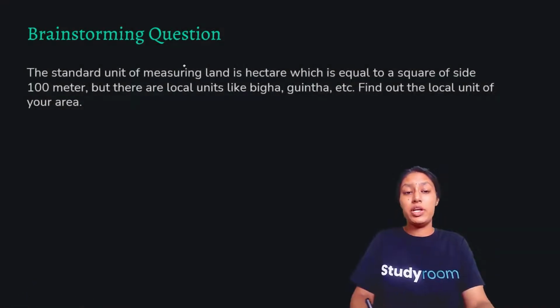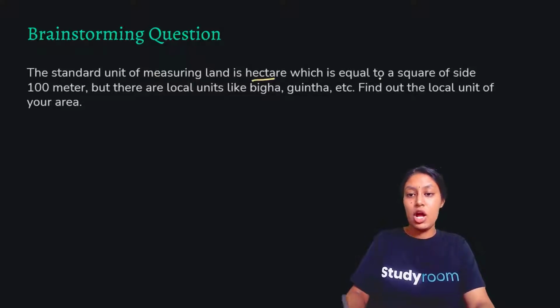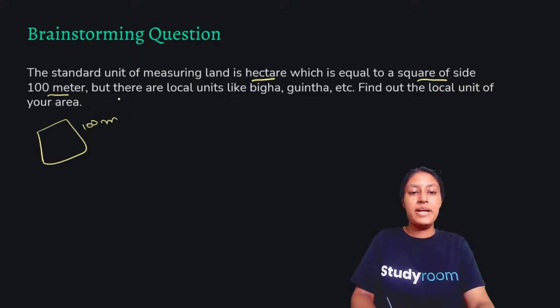Now, I have a very fun question for you. It's a brainstorming question, so you'll have to put your brain in it. The standard unit of measuring land is the hectare, which is equal to a square of side 100 meters.